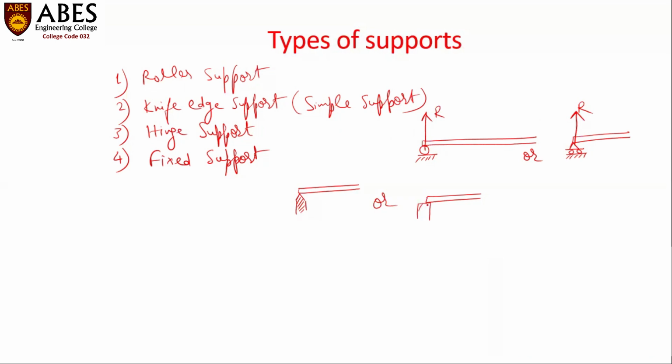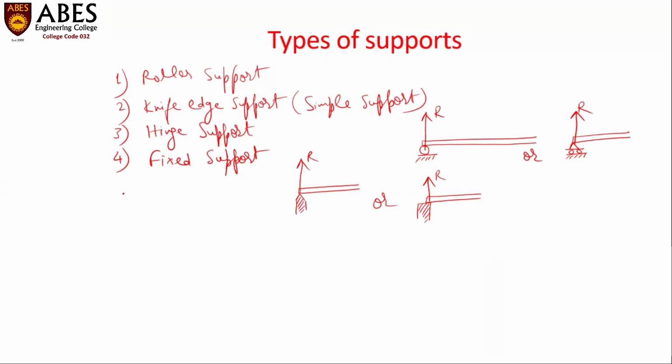It's simply resting over a fixed, or you can say a constant position of the support, and under the action of this type of support, the reaction will act perpendicular to the direction, like this. So again, in this type of support, the beam can slide along its length, but it's going to provide a reaction perpendicular to the direction of this beam.